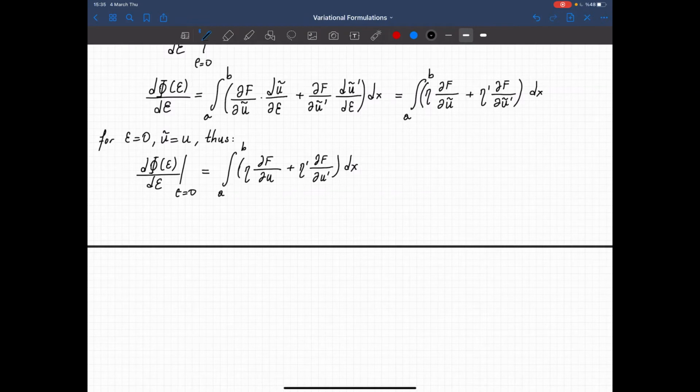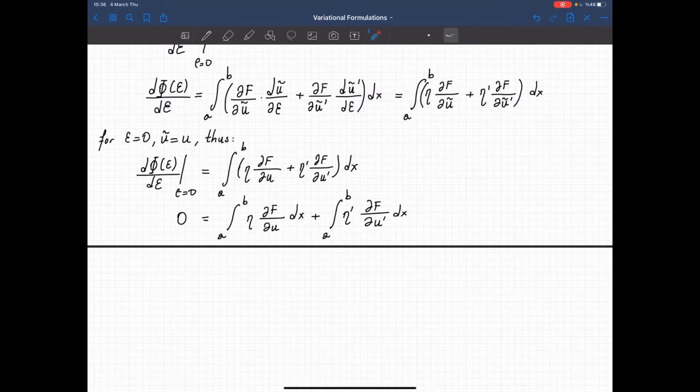So I can rewrite this equation as follows. I should put 0 here. 0 should be equal to, from a to b, nu del f over del u dx plus, from a to b, nu prime del f over del u prime dx.